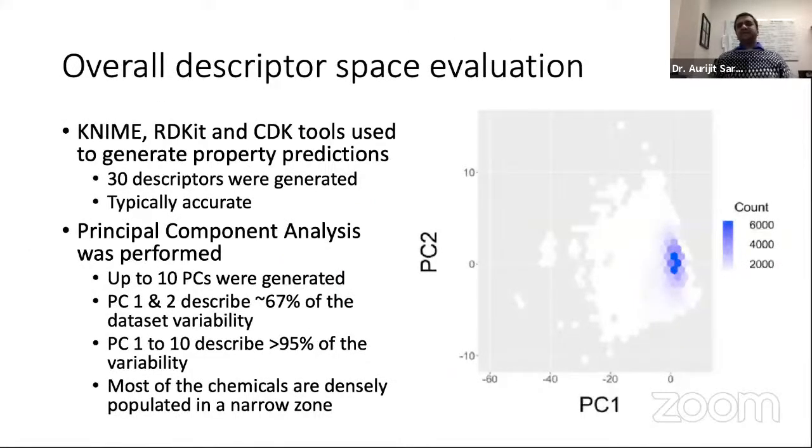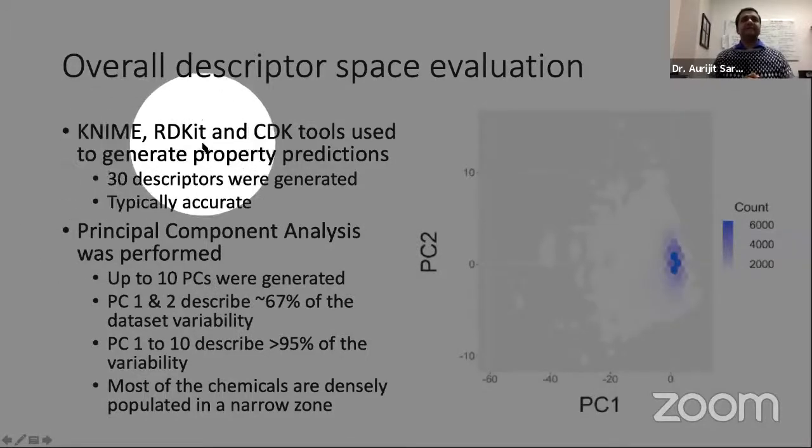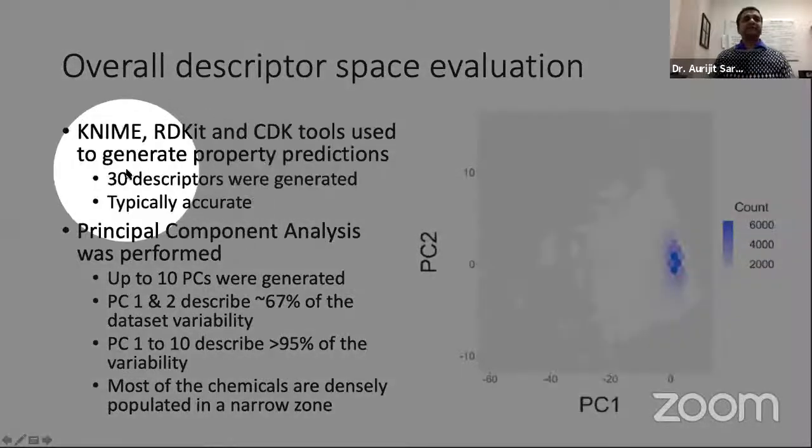So the next thing we did was we tried to visualize chemical space. When I say visualize chemical space, I'm talking about visually looking at the spread of different properties across multiple dimensions. Let me just give you a description and I think it'll become clear. So we used certain software that is freely available, such as KNIME, RDKit, and CDK tools to generate up to 30 properties per chemical.